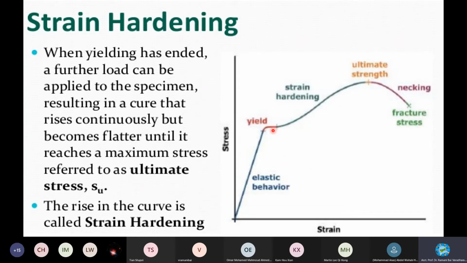We can say it is flattened, right? The stress is removed, but the strain is constantly increasing, right? It differs from material to material. If you see the actual curve, it is still like this.